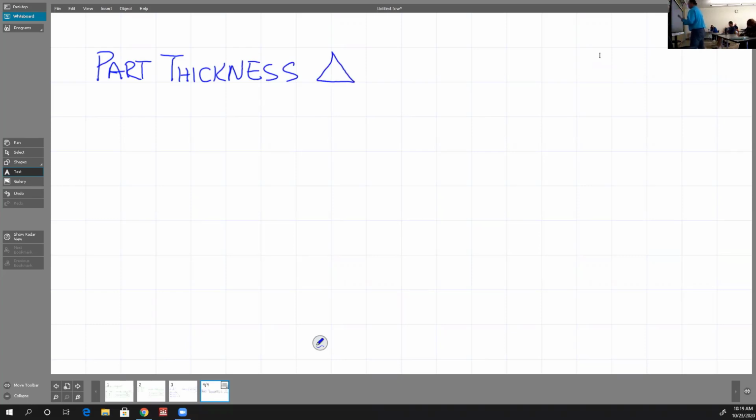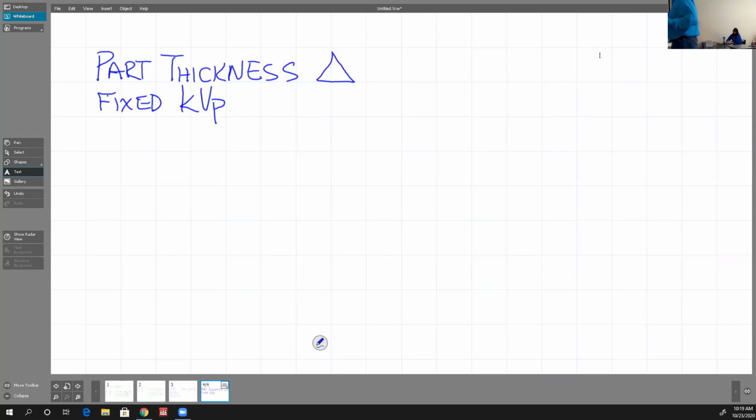Okay, and we're going to do fixed kVp. Now, when I say fixed kVp, this is the adjustment for part thickness only. Okay, with fixed kVp, what am I going to be adjusting? Mass.